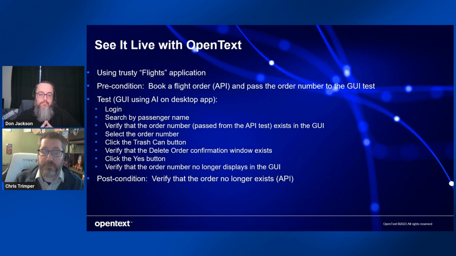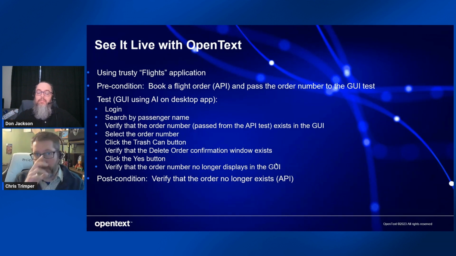Well, set yourself up for success with a service and provide yourself an order that is yours. Don't rely on an order that somebody else is going to steal from you. Set yourself up for success. Run through it all, and then our post condition to say, I need to really make sure that that's no longer in the system. Leverage an API for that as well. And, for fun's sake, we used the WSDL for a SOAP call for the pre, and the REST, the Swagger, for the post.